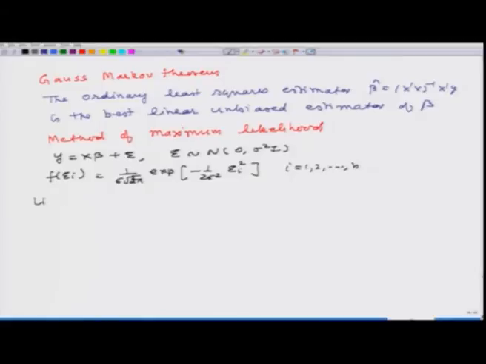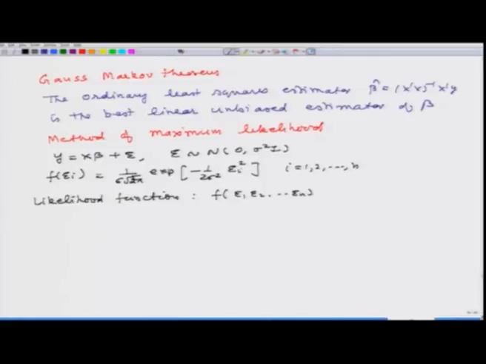Now I can write down the likelihood function. We defined the likelihood function in the case of the simple linear regression model as the joint density function of all the random variables. So in our case the likelihood function is nothing but the joint probability density function of epsilon 1, epsilon 2, epsilon n.